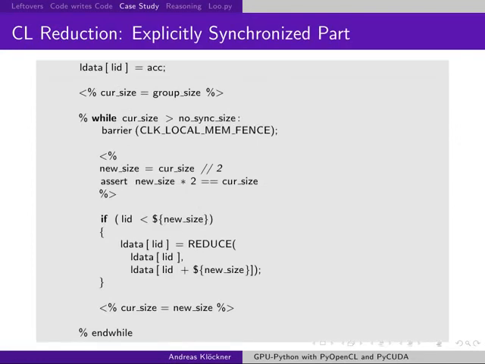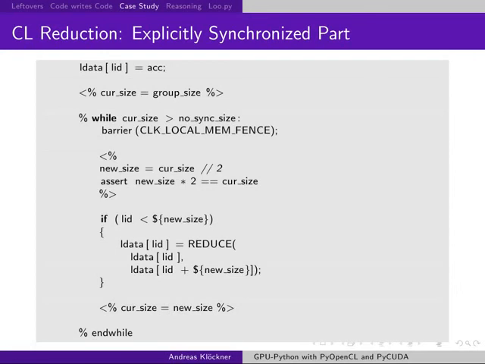Then we go from the current size, the maximum size of the work group, down to the size where we don't need to synchronize anymore. We do that by synchronizing, then doing the size computation, the current width of the array to be reduced. If our work item number is less than the new size, then we do the reduction.